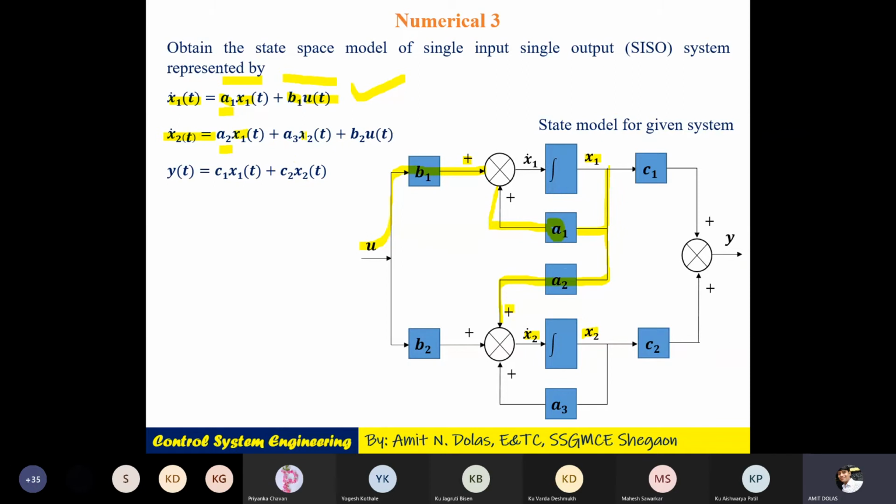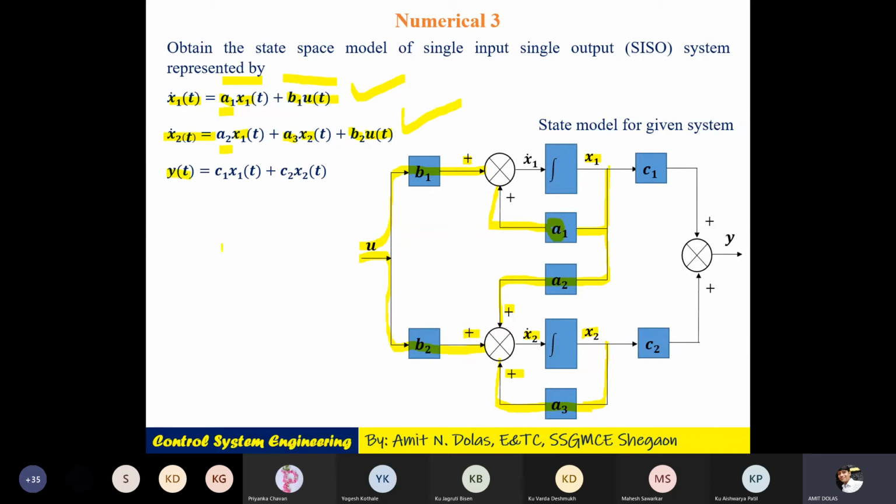Then x2. x2 कहाँ है? यहाँ पे. x2 से एक line. What is element? Element is a3. Passing through a3. Drop to summing block with plus sign. And last is u आ रहा है यहाँ पे, but through element b2. So u, draw one line, pass it through b2 and drop to the summing block with plus sign. So we finish with second equation.